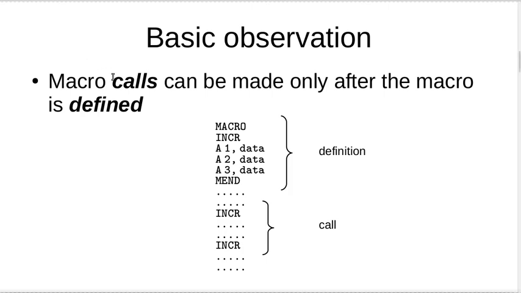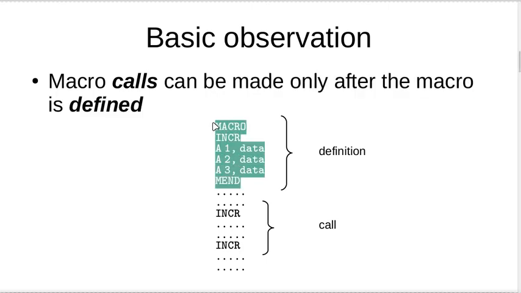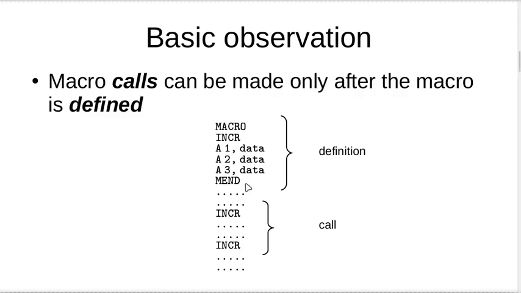If we recap, we have already gone through this in the previous lectures time and again. However, I am still repeating it. This is a sample macro definition, beginning with the macro keyword and ending with the MEND pseudo op. The name of the macro here is INCR.